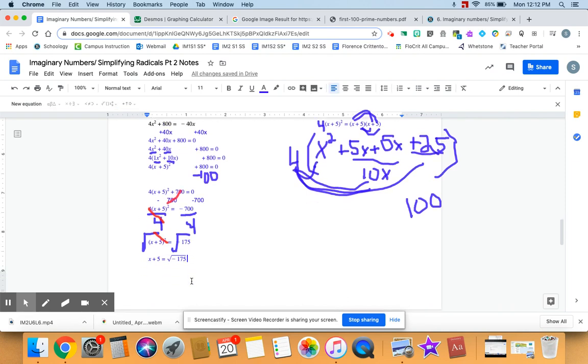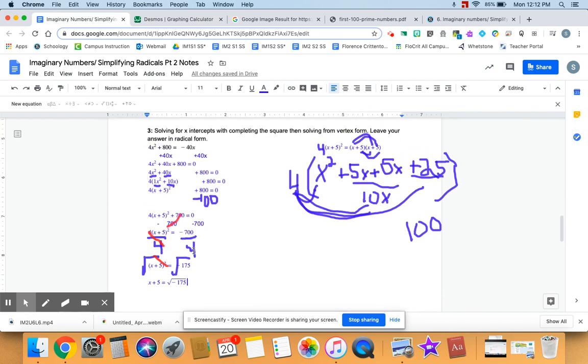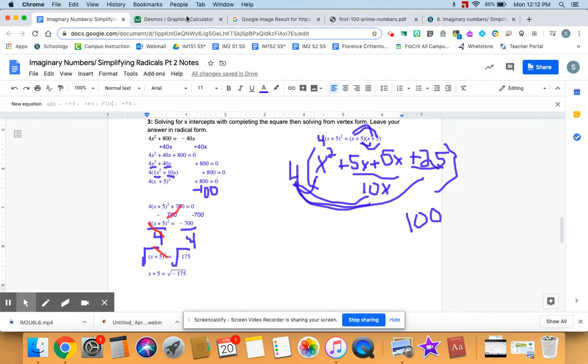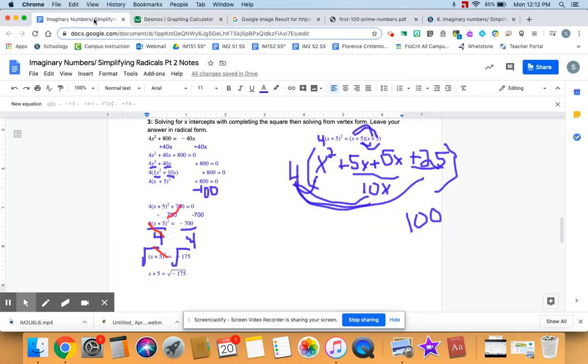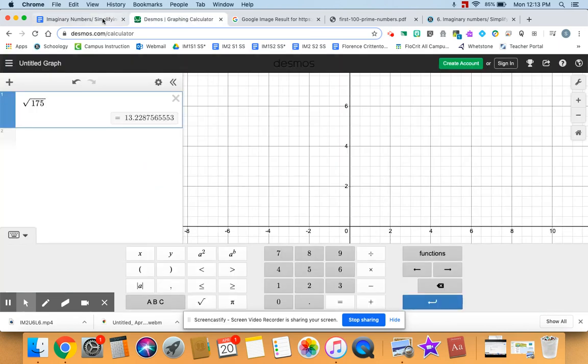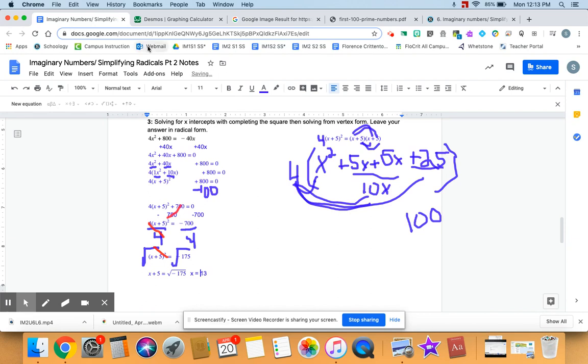Because, again, if they didn't want me to leave it in radical form, I would just type in the square root of 175, positive, write that decimal, write the i, my plus minus, and so my answer would end up being something like x equals, what was it, 13.22 plus minus 13.22i, and then I'm going to have to subtract the 5 away to get rid of that plus 5.